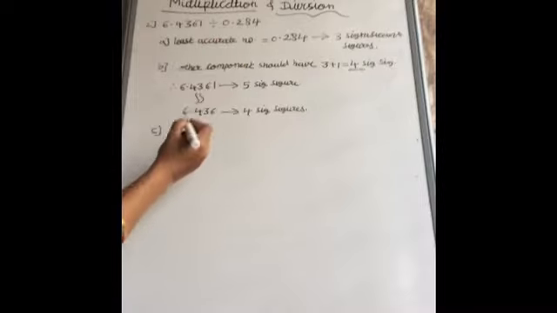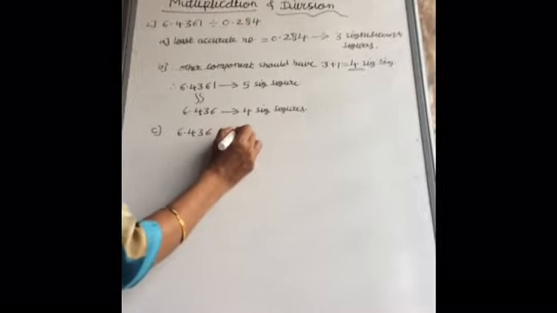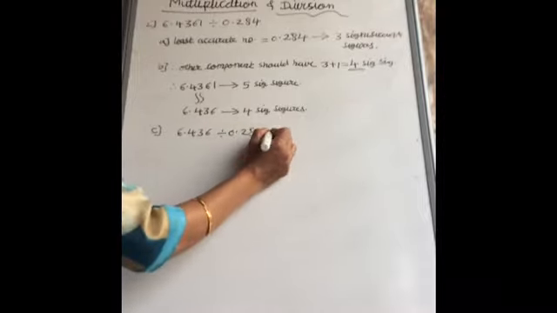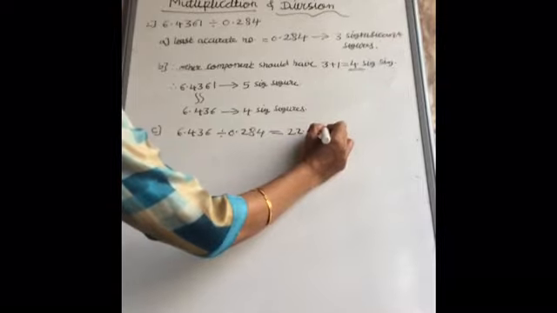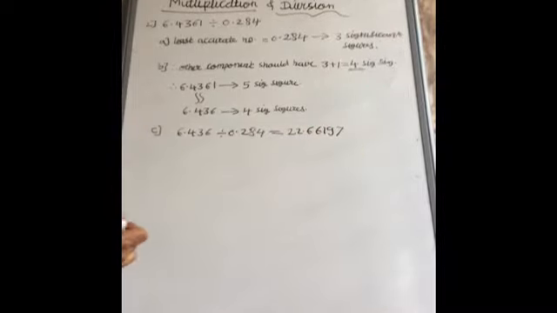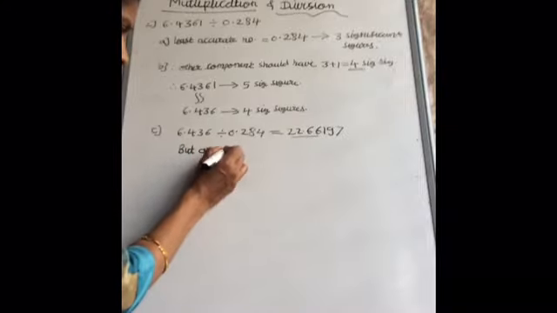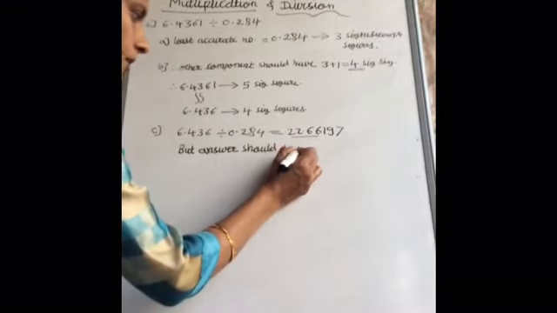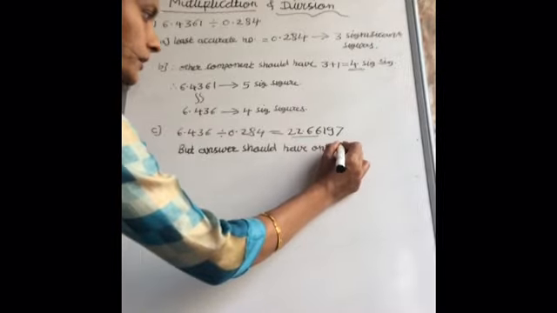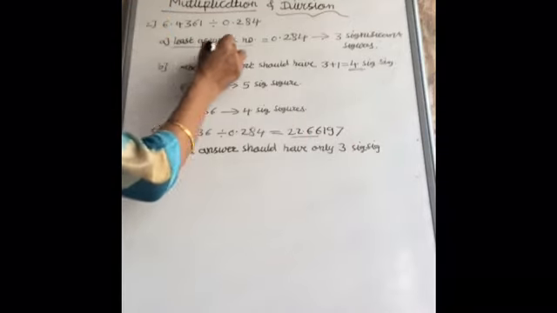Now divide: 6.436 divided by 0.284 equals 22.66197. But the answer should have only 3 significant figures, as are present in the least accurate number.